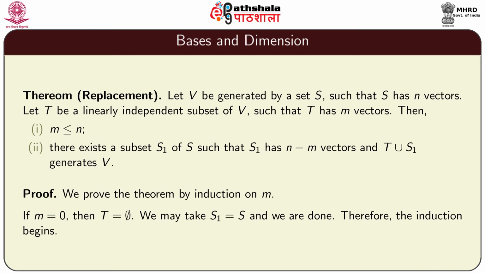The second part tells you that starting with this linearly independent set T, we can get some more vectors if needed from the spanning set S, so that T union S1 is itself a spanning set of V.